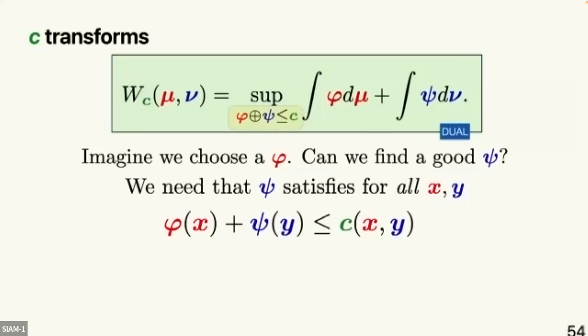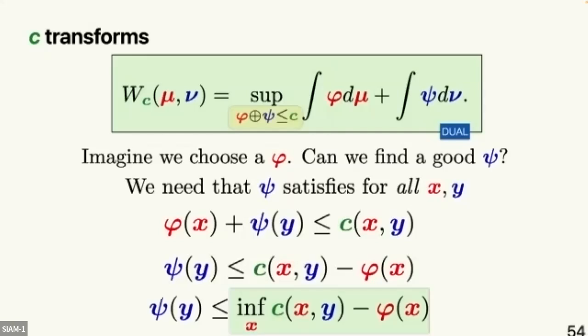However, if I know that this is the only thing that I need to comply with, if this is my only requirement, then it's very easy to think that if for every y I just need this to be observed for every x, then I would choose the largest as I can. And what is basically the largest thing I could choose here? It has to be the infimum. Because if I go across this infimum, essentially there will be a pair of points x and y for which this is no longer valid, and therefore I have ruined my constraint.